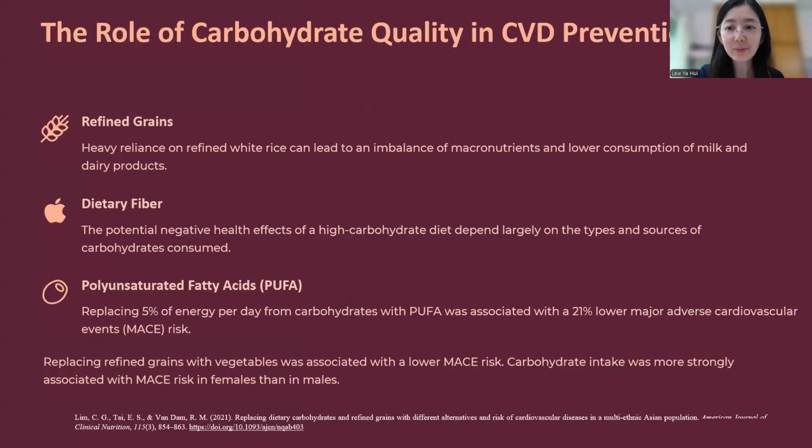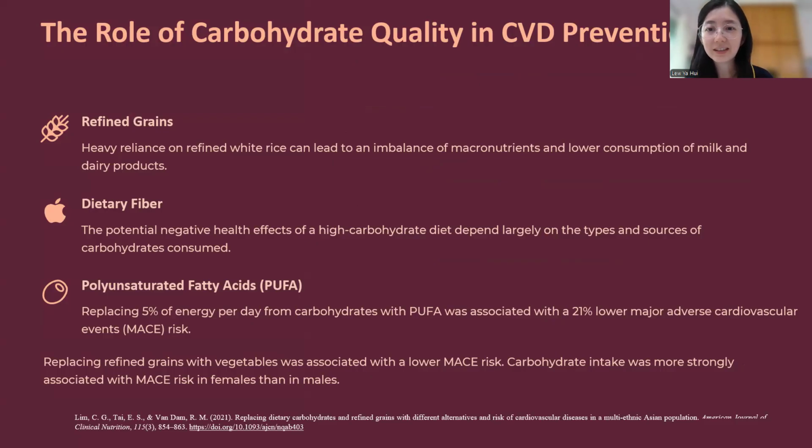We can find that Asians heavily rely on refined white rice. We usually have a plate full of white rice. This can lead to an imbalance of macronutrients and a lower consumption of milk and dairy products. It means we choose white rice but ignore the rest, because after you consume the white rice, you get full.